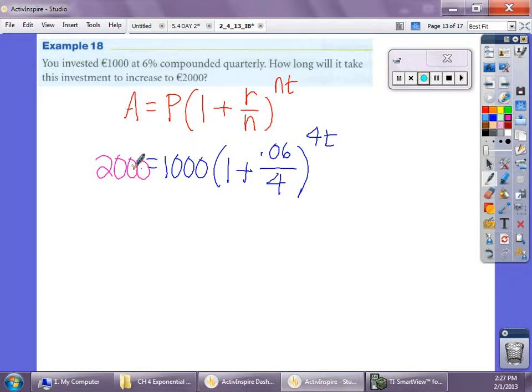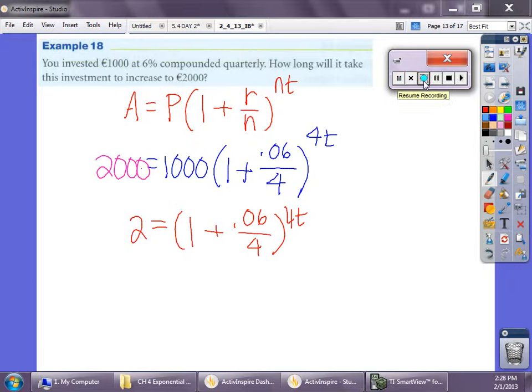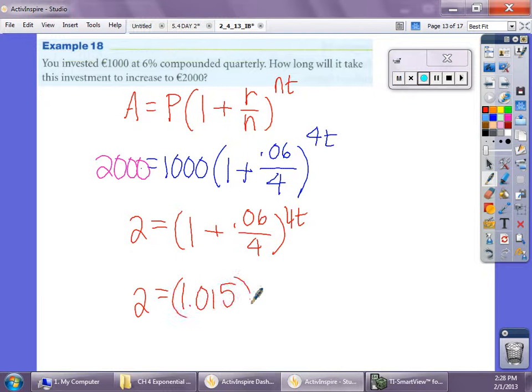So first thing I'm going to do is obviously divide by 1,000. You end up with 2 equals 1 plus 0.06 divided by 4 to the 4t. All right, so the value that you get is 1.015 to the 4t. And in this case, because I want to isolate the base and what it's taking, it's already isolated.